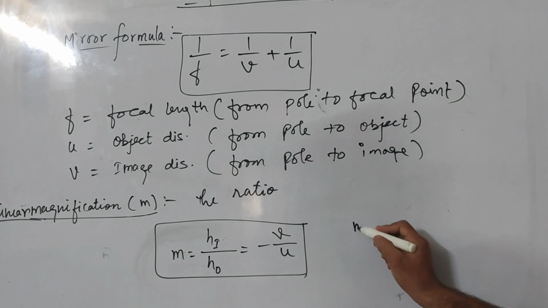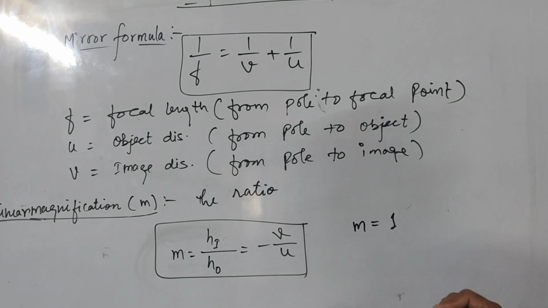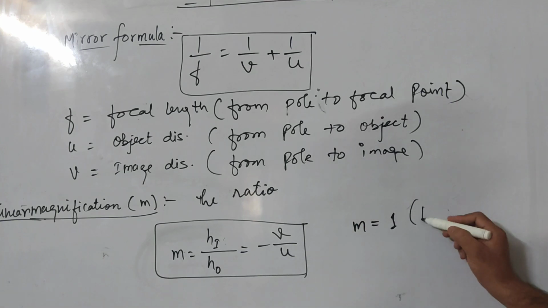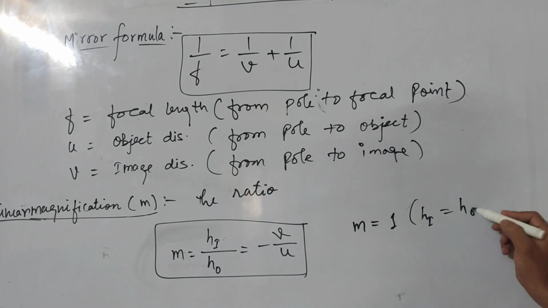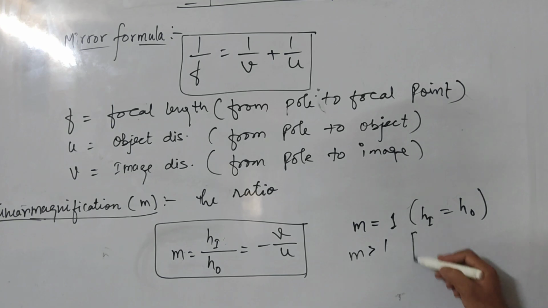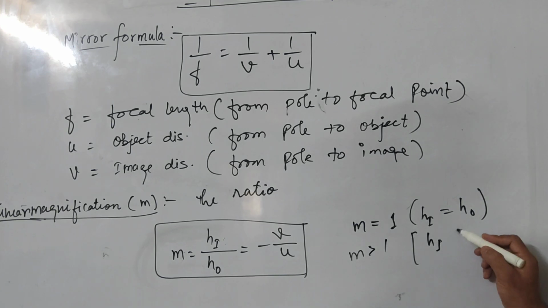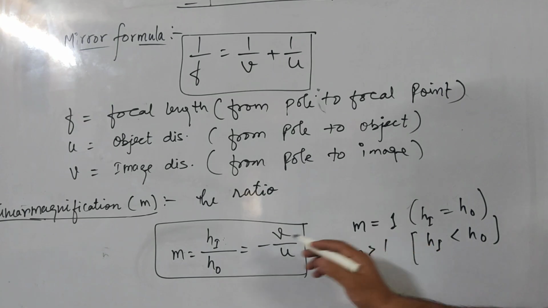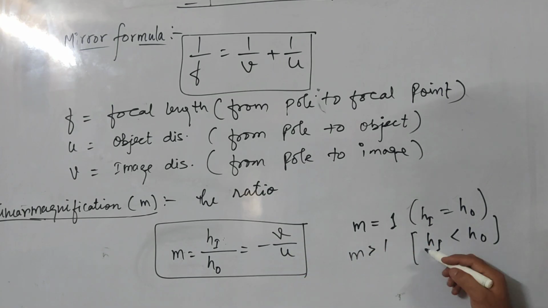So in this situation, if linear magnification equals 1, that means height of image is equal to height of object. If m is greater than 1, that means height of image is greater than height of object. Clear? So height of object is less than height of image.